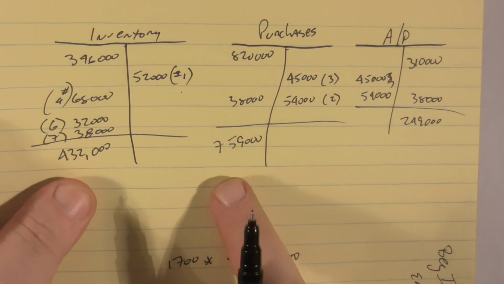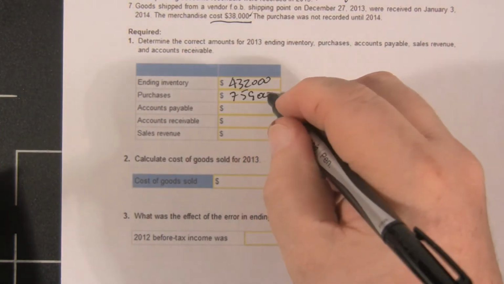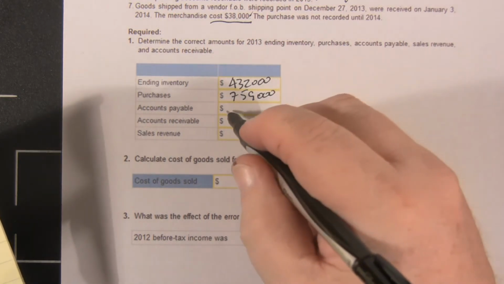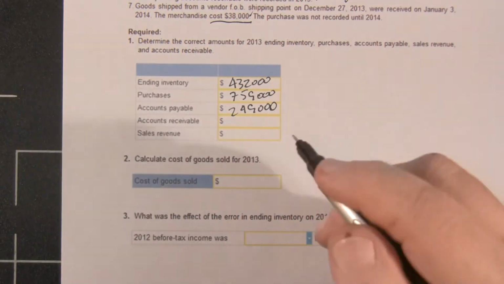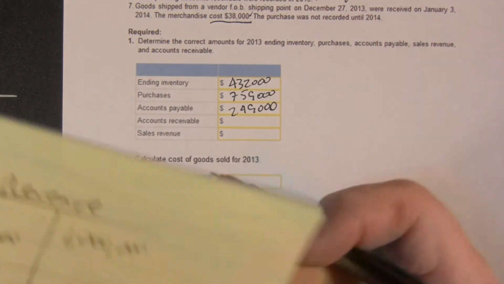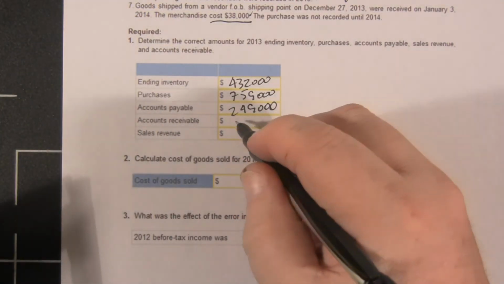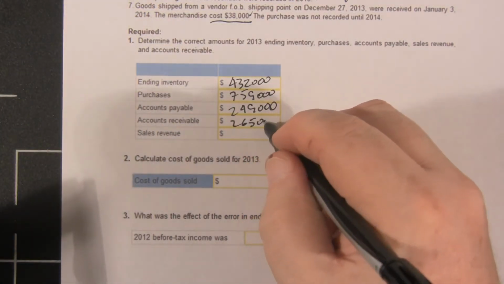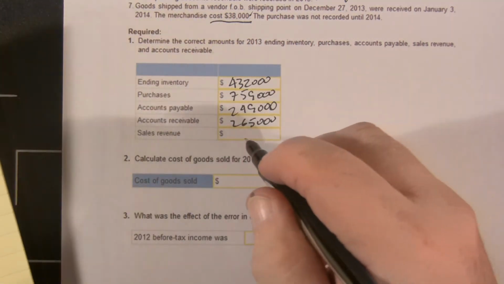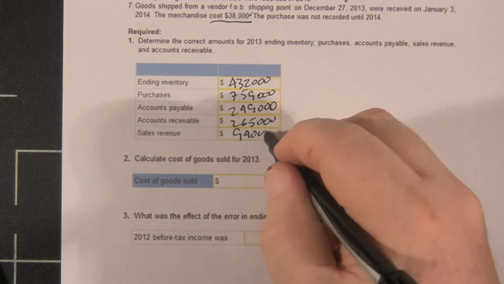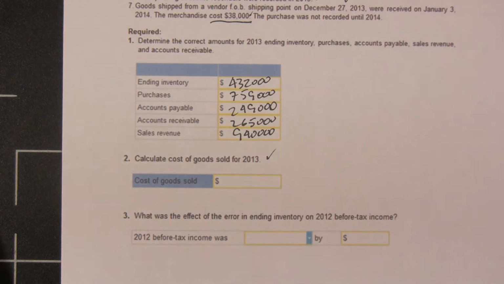Our corrected purchases was $759,000. Our accounts payable $249,000. Our accounts receivable is $265,000. And our sales revenue, $940,000. Sneaky bastards. I knew they were going to get us for that beginning inventory.